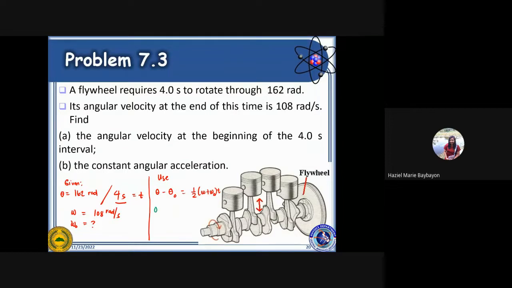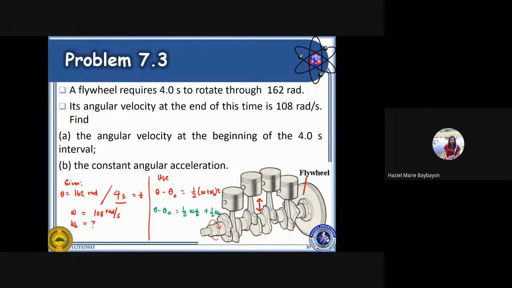So, theta minus theta naught equals 1/2 omega t plus 1/2 omega naught t.